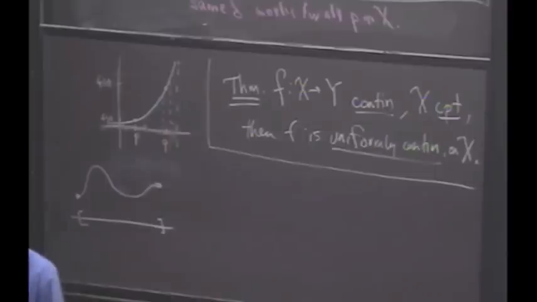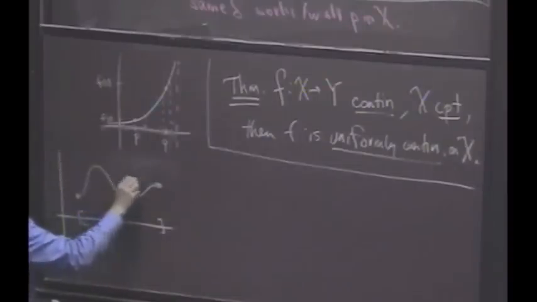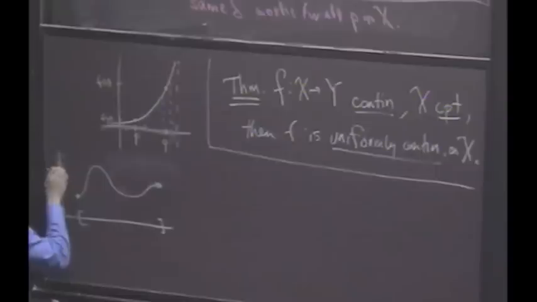What delta is going to work for every epsilon? You give me an epsilon ball. What delta is going to work for every epsilon? Okay, maybe that's not around a point.